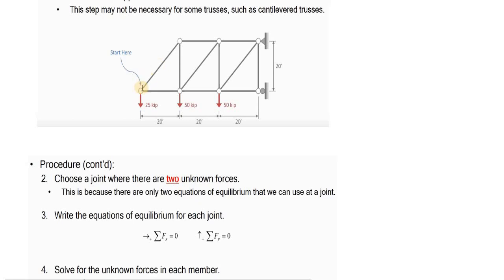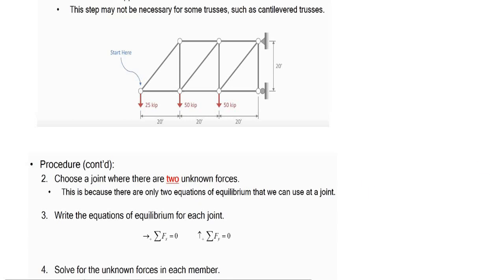But if you take a look at this, we're having two unknown forces, so we can start from this joint. This is because there are only two equations of equilibrium that we can use at a joint. So we need to have at most two unknown forces.